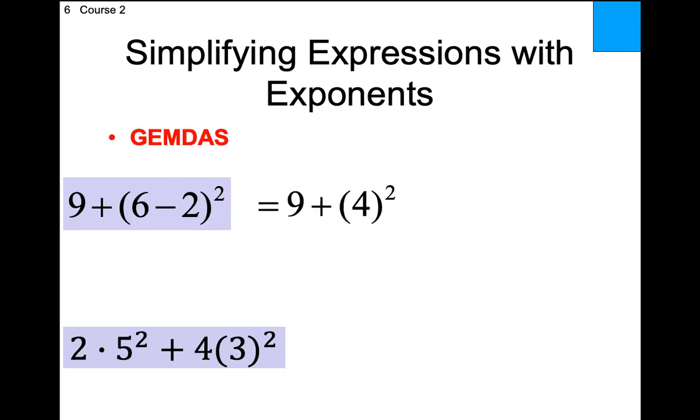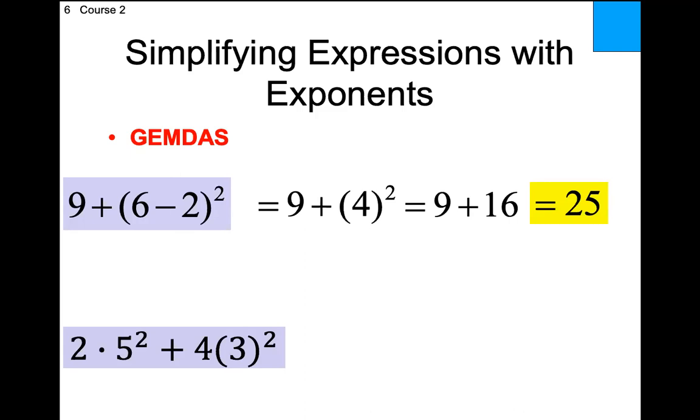Now what? 4 to the second power is 8, yes? Because 4 times 2 is 8. No, it's 16. It is 16. Therefore, the final answer is 25. Thank you.